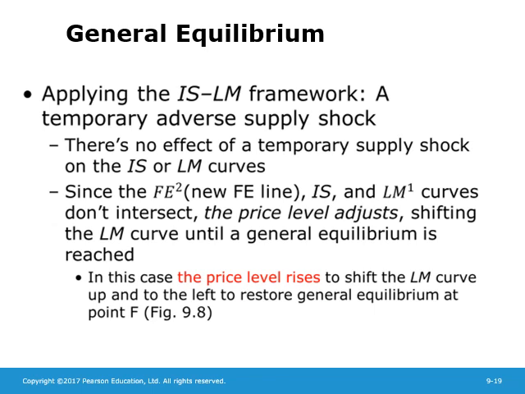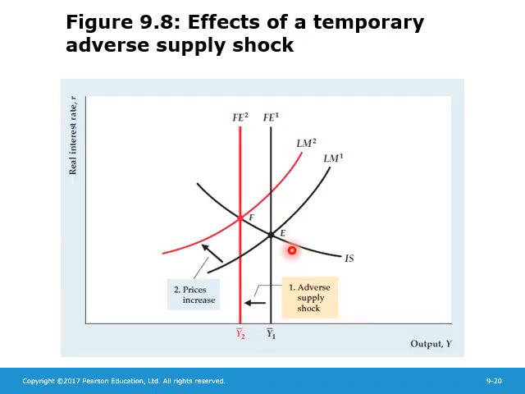And in the case of the adverse supply shock, we will see that the price level will increase to shift the LM curve up and to the left to restore the general equilibrium at point F in figure 9.8 shown next. So as you may see here, the original point of general equilibrium was point E. This was the point where the FE1, the full employment level, the original one.